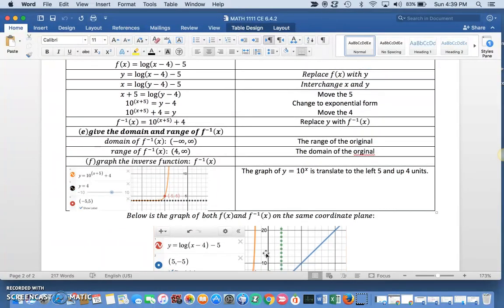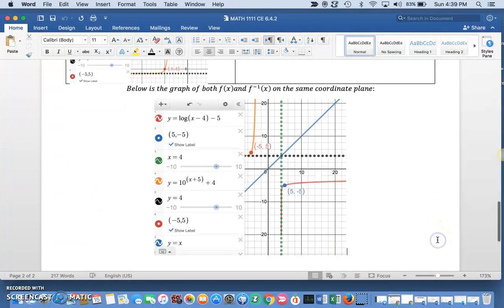You've shifted it around a little bit. You've shifted it up 4. So this is kind of what you've got. You had a point that was (5, -5) on the other one. So this one's going to be (-5, 5). It's sort of the same point that started out being (1, 0), and then you've taken the inverse and so forth from there.